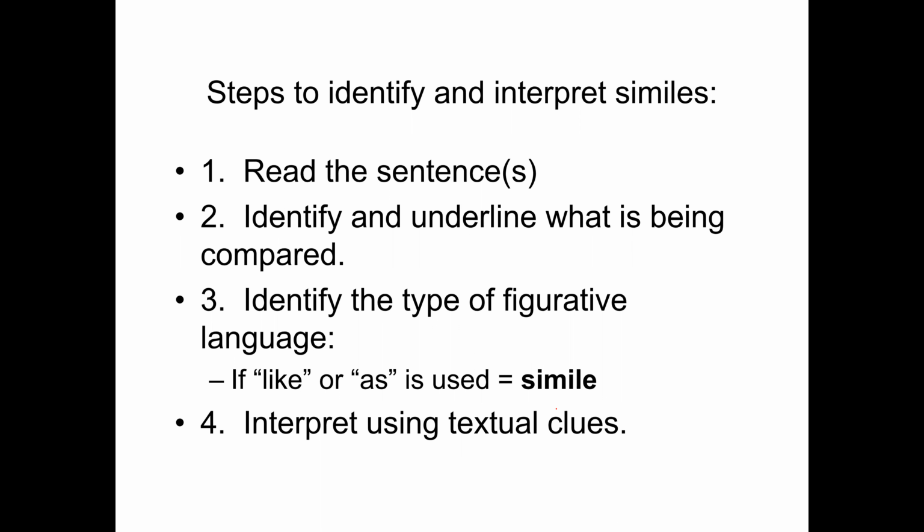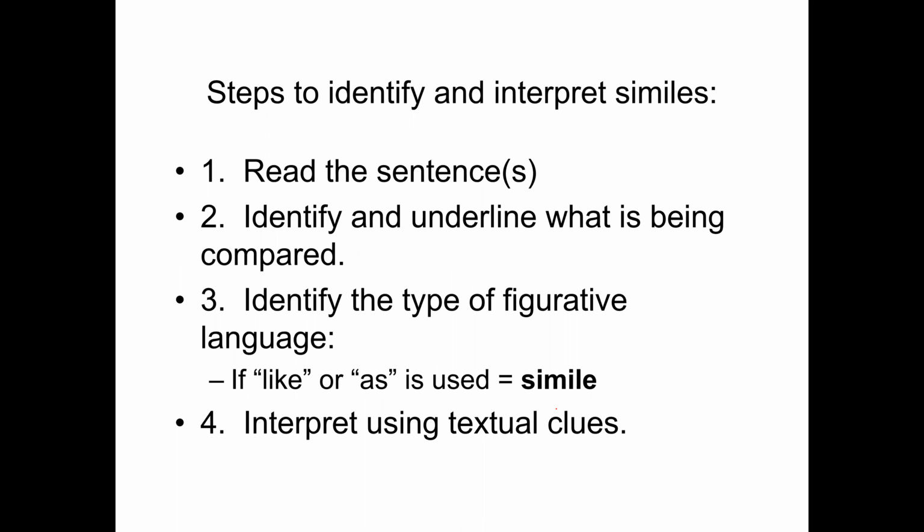Very good. So the first thing we have to do is read the sentence. You're not going to know if it's a simile if you don't read the sentence. Second thing is identify the two things that are being compared. The third step is identify the type of figurative language.